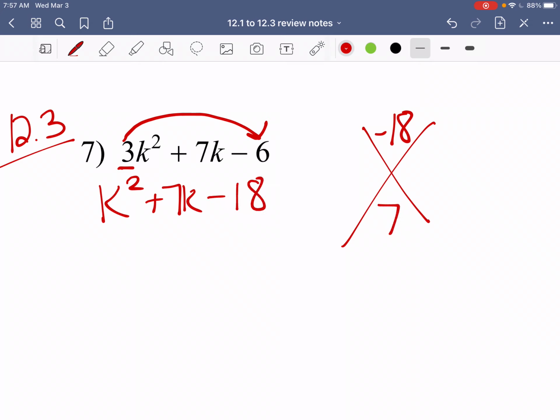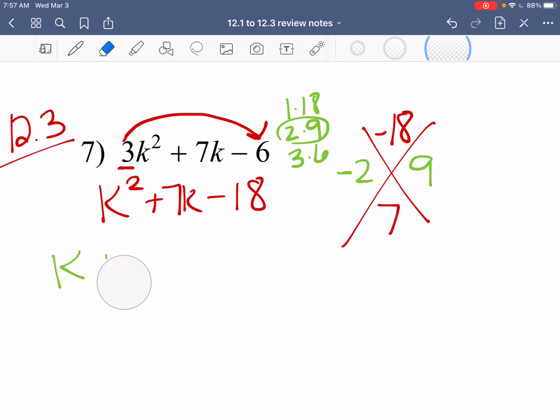And then I have 7. So things that multiply to be 18 are 1 and 18, 2 and 9, and 3 and 6. 2 and 9 is the only thing that's going to give you 7. The 2 needs to be the negative. So I'm going to go ahead and write out my factors. Oops. k minus 2 and k plus 9.